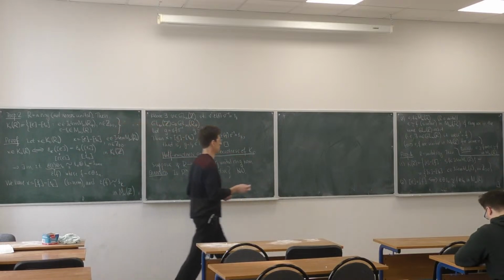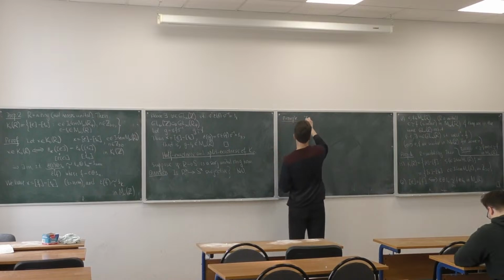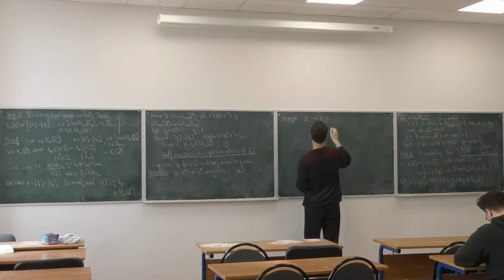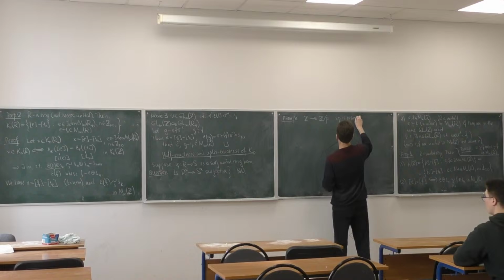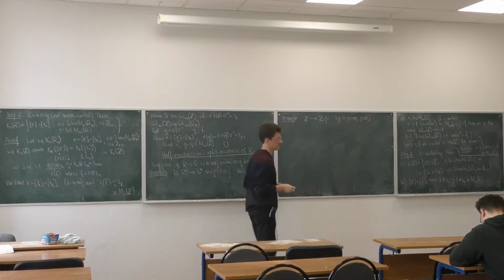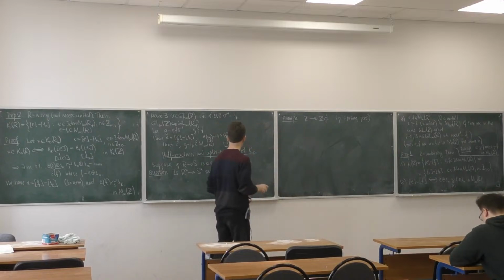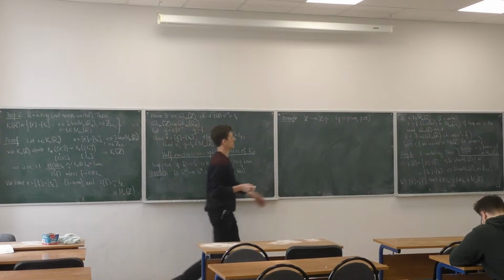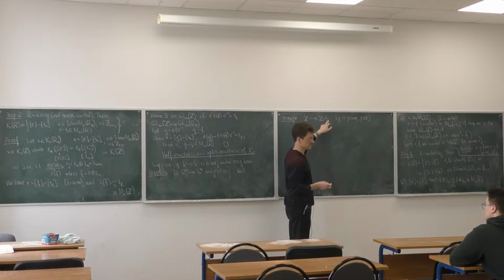Perhaps the simplest example looks as follows. We consider the projection of the integers onto Z modulo P, where P is a prime number greater than or equal to 5. Of course, it is surjective, but not every invertible element in here lifts to an invertible element in here for the simple reason that this is a field.